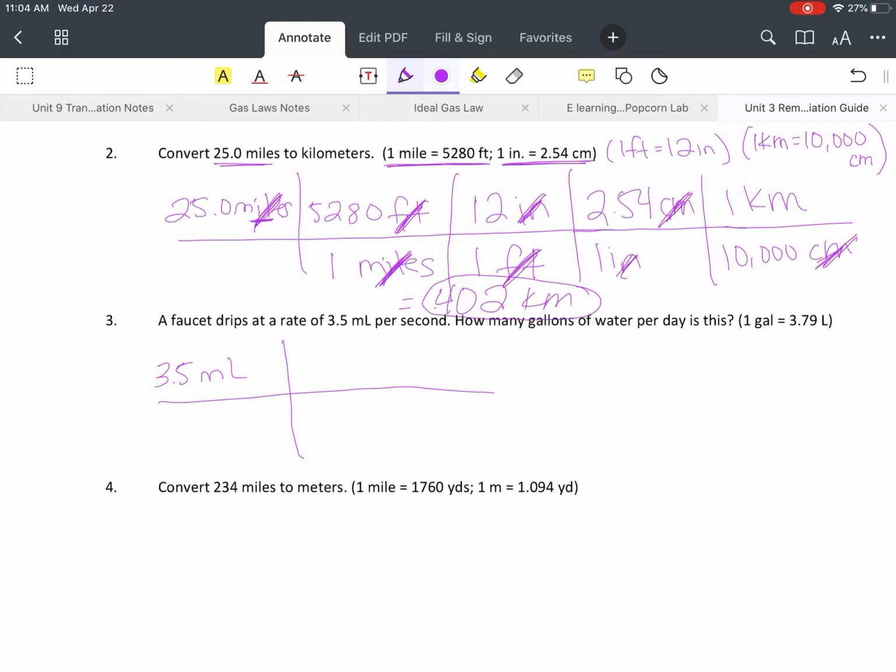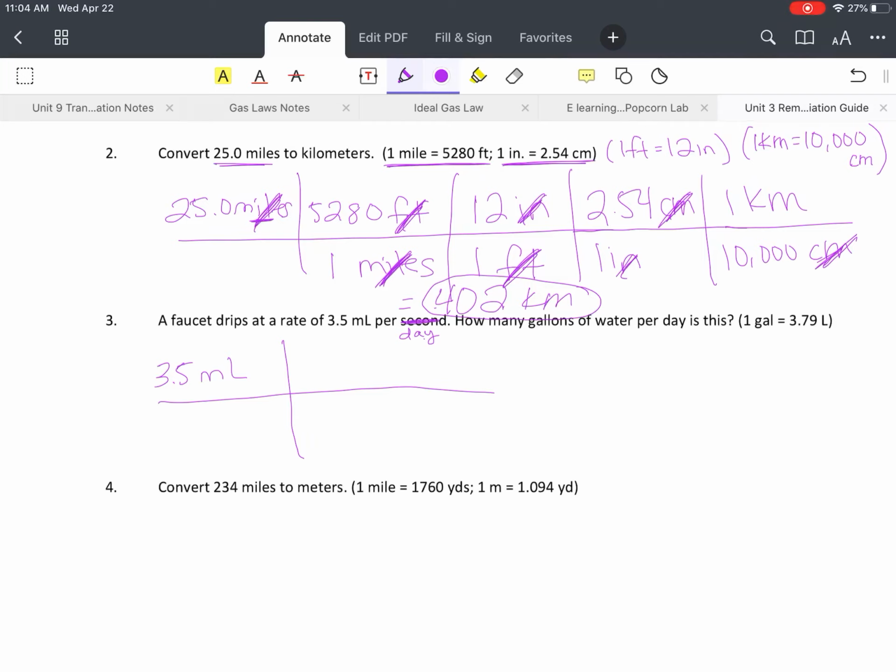A faucet drips at the rate of 3.5 milliliters per day. So I always have to start with my 3.5 milliliters, and we're going to make this a little easier: milliliters per day. Now I want to know how many gallons this is per day.